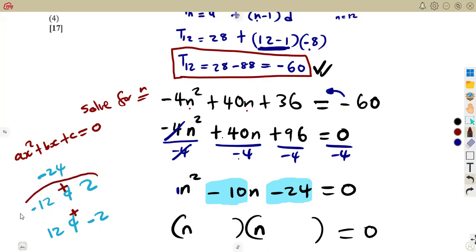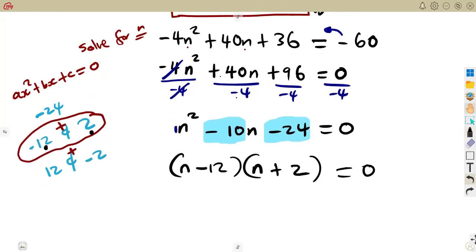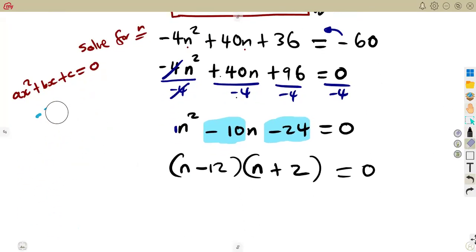So this is the part here. If you add these two, minus 12 plus 2, that's a negative 10. So these are the numbers that you're going to insert here. Minus 12 and 2. So that's minus 12, positive 2. So that is it, guys, for the factorization part. Just use the way that you understand. But at the end, you're going to obtain these 2 brackets. So you can have the value of n.